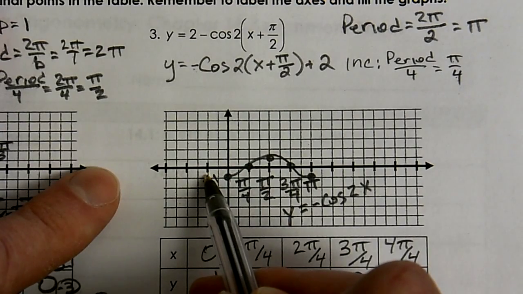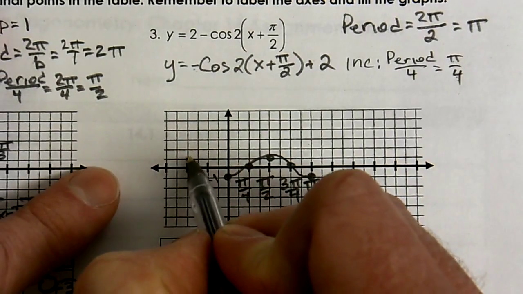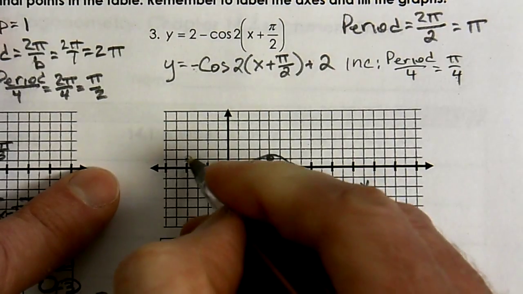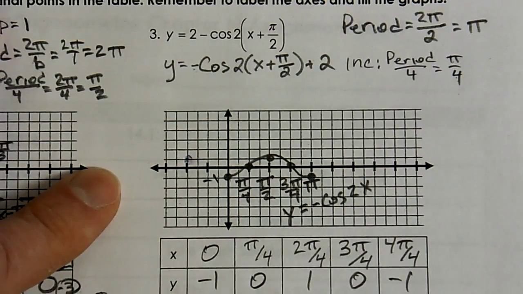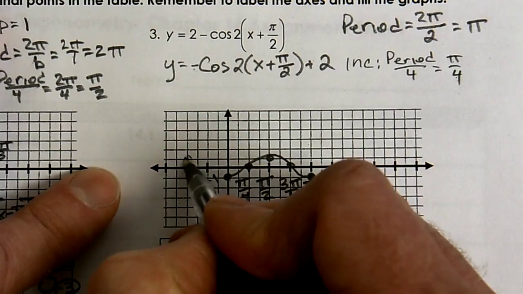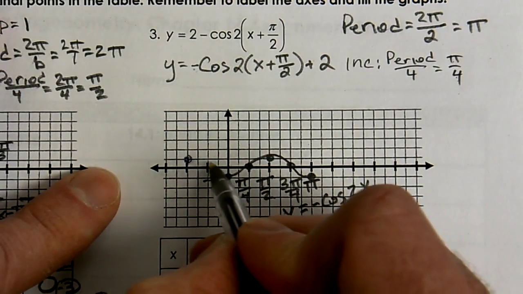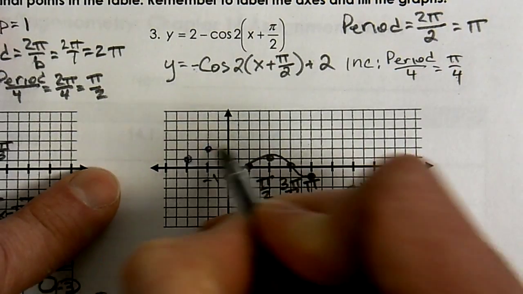That's pi over 4. That's pi over 2. And then we go 2 units up. And then we're going to take our next point and we'll go over pi over 2 and up 2 units.